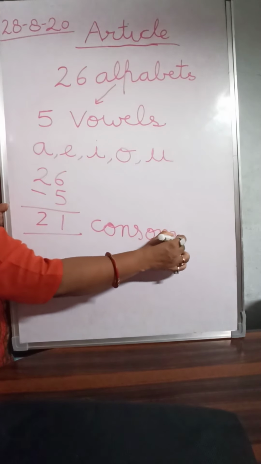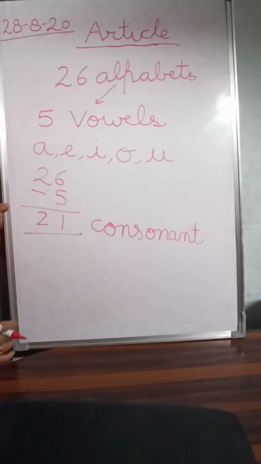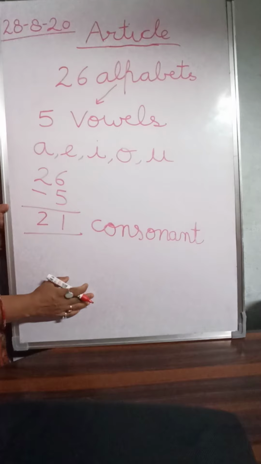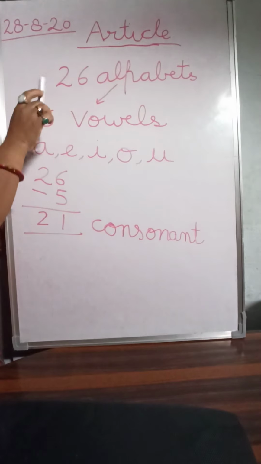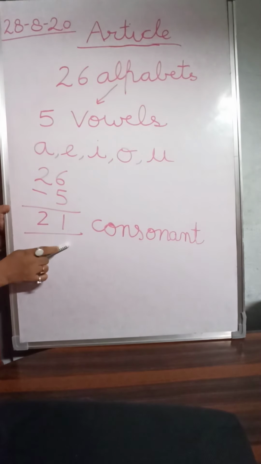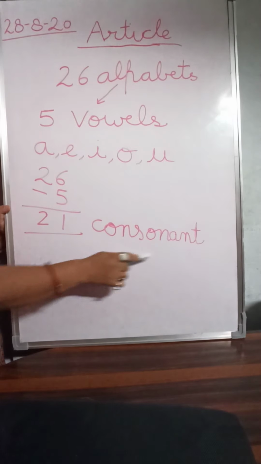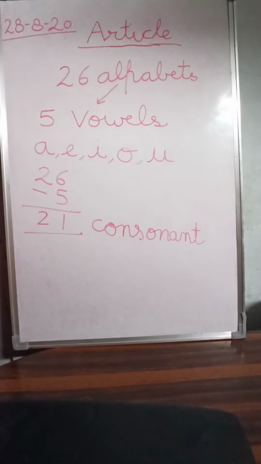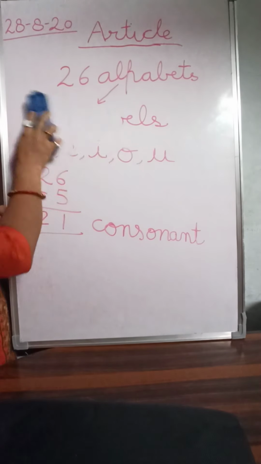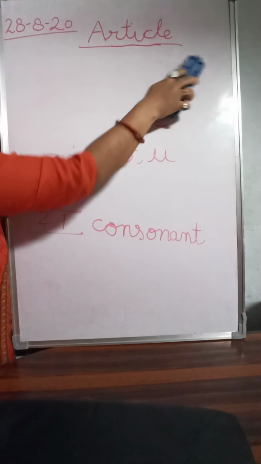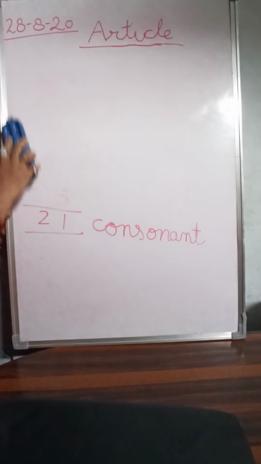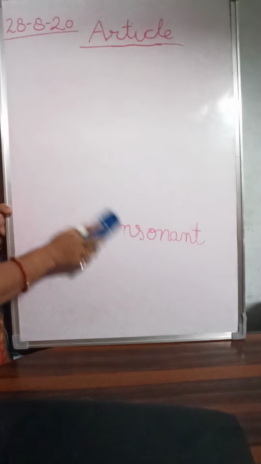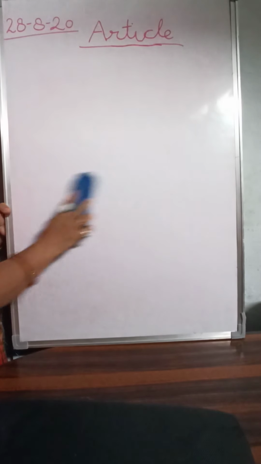I hope this much is clear to you that 5 vowels are there, A, E, I, O, U, and if we subtract 5 from 26, we get 21, and these remaining 21 alphabets are called consonants. Now friends, you can ask why I am explaining consonant and vowel. Because these two are important factors in deciding the use of articles a and an.